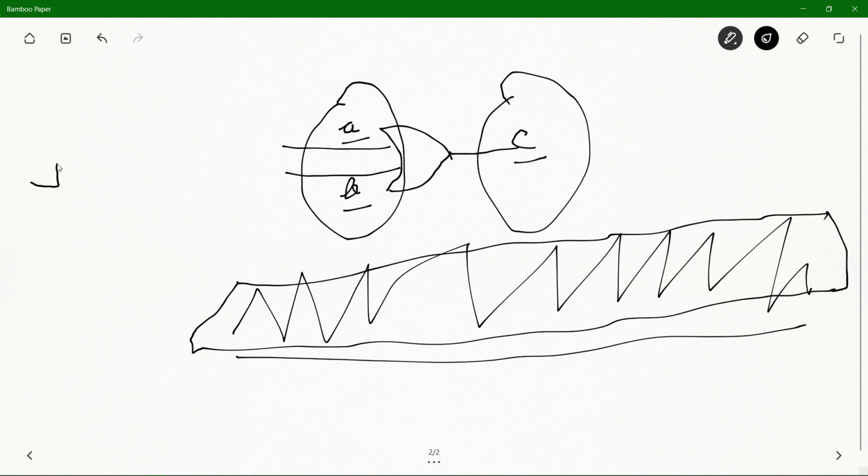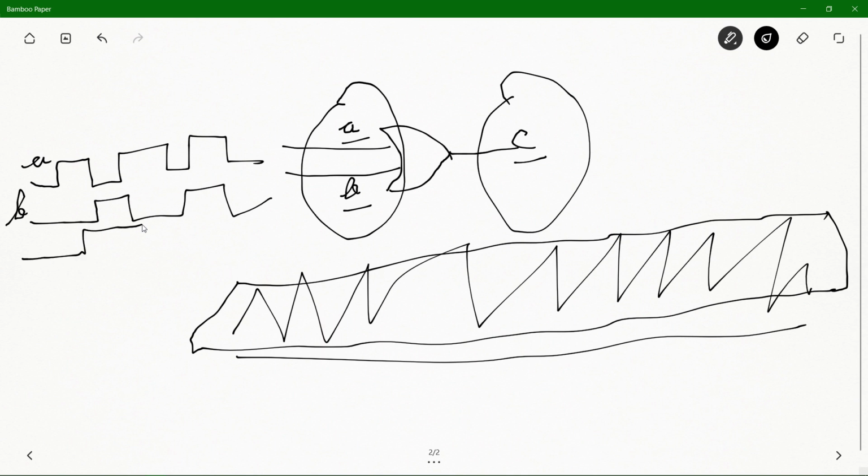Or if my compiler is giving A, B, and then C, which one is better for you guys to understand?